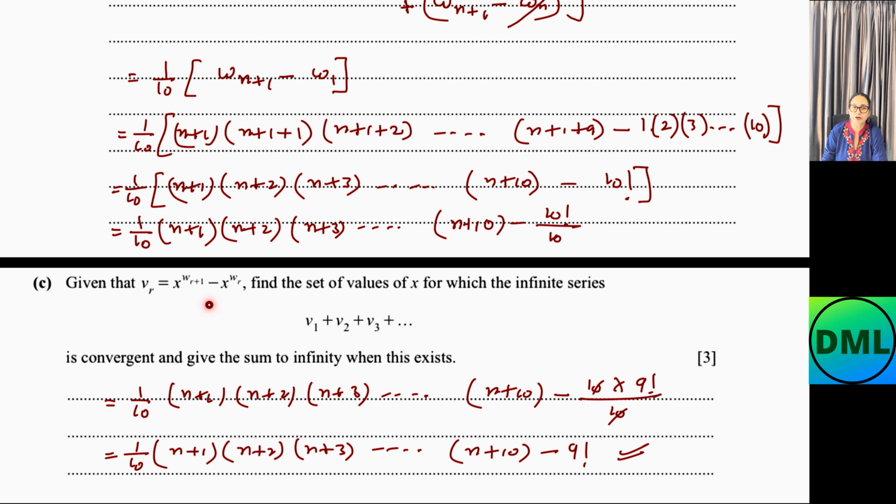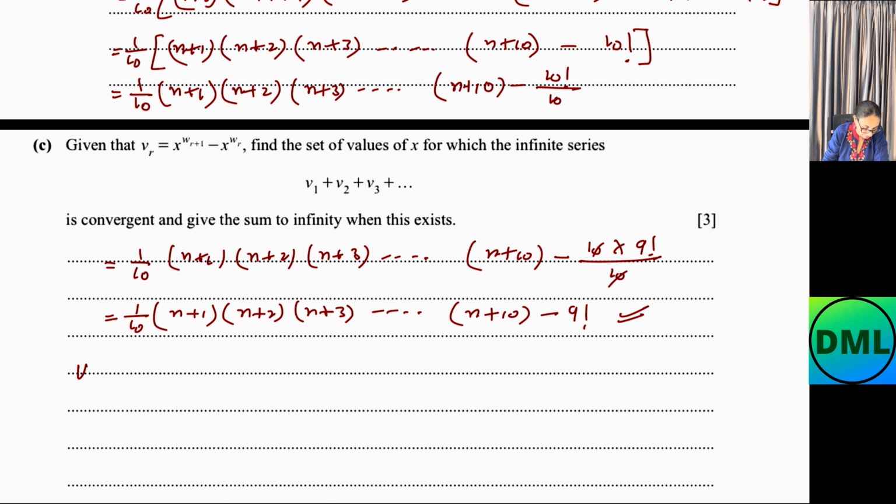The value for Vr is given as, let's substitute R equal to 1, 2, 3 and so on. V1 is written as x to the power W2 minus x raised to the power W1. V2 is written as x raised to the power W3 minus x raised to the power W2.